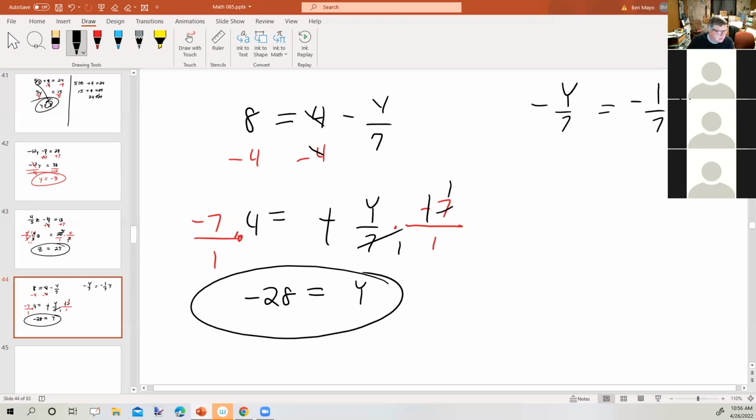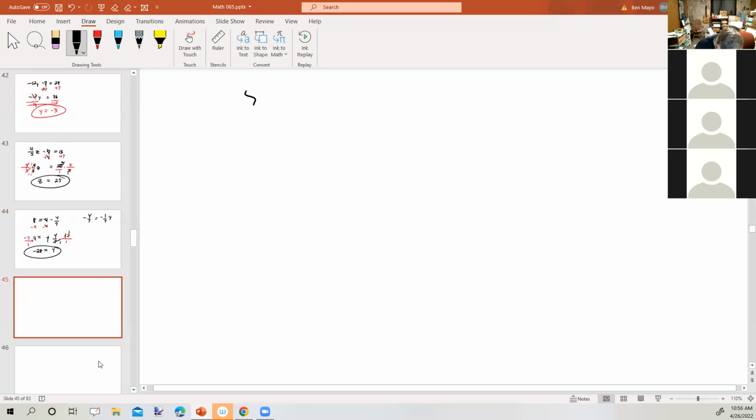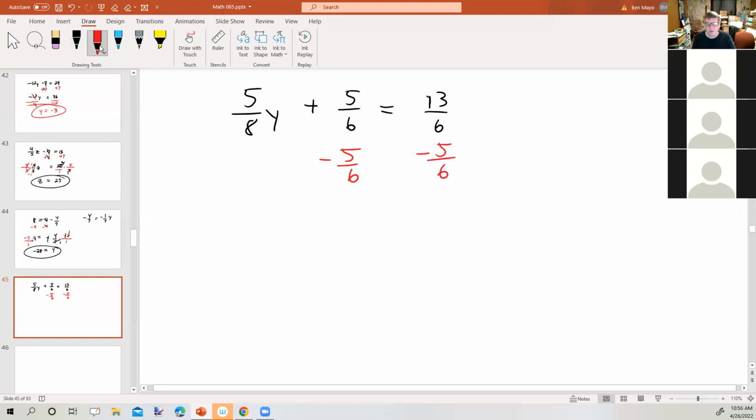Okay, let's see here. 5/8y plus 5/6 equals 13/6. So we're going to isolate the variable term by subtracting 5/6 from both sides of the equation.